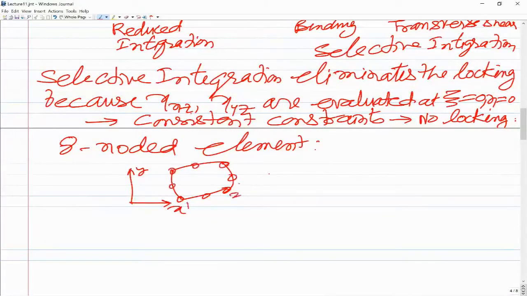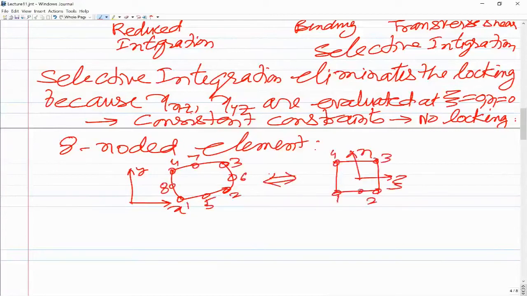Corner nodes are numbered as 1, 2, 3, 4, and then mid side nodes are numbered as 5, 6, 7, and 8. And then this is mapped to a square in the natural coordinate space, xi and eta, with corner nodes 1, 2, 3, 4 and mid side nodes 5, 6, 7, and 8.